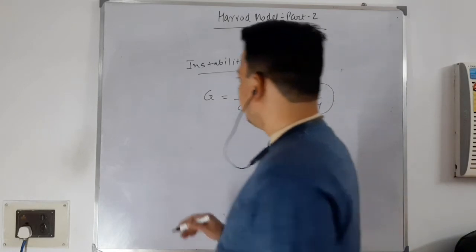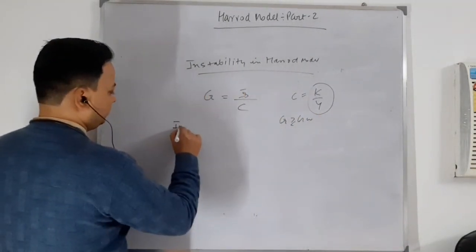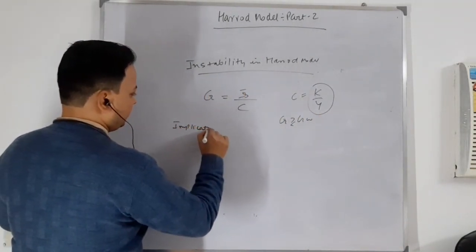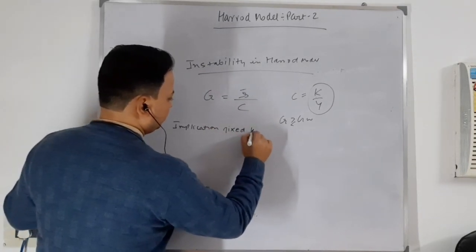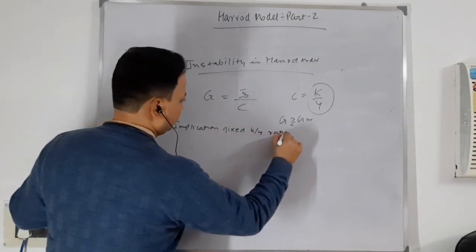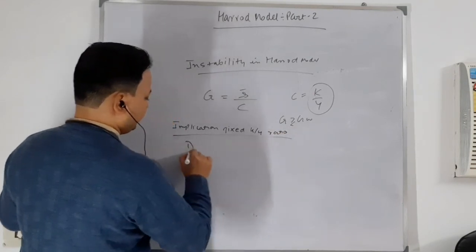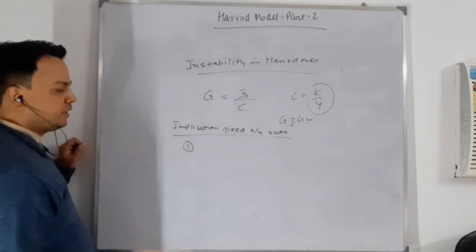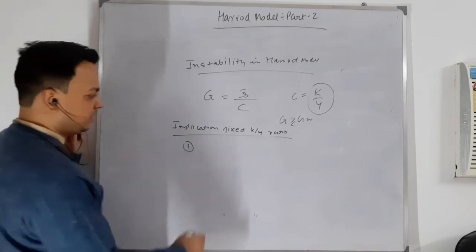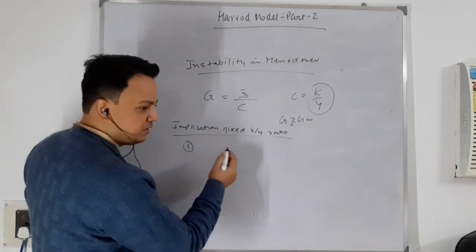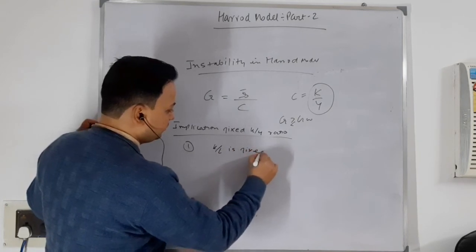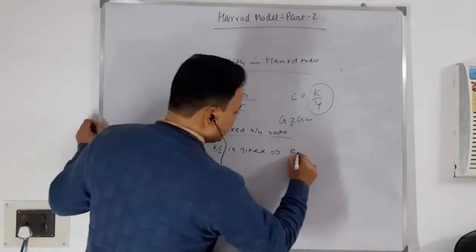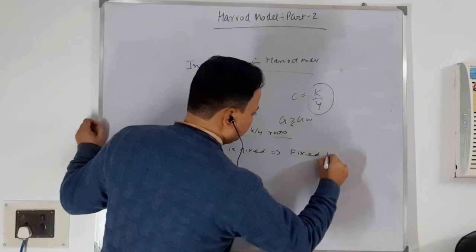So let's look at the implications of the fixed capital output ratio in order to understand instability. First implication: when I take a fixed capital output ratio, what does it mean? It means the capital labor ratio is fixed. That means we are using a fixed proportion production function.